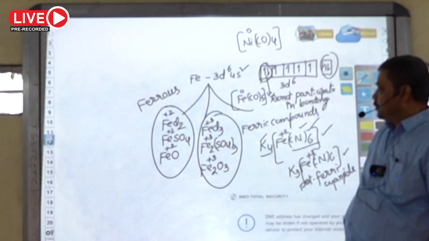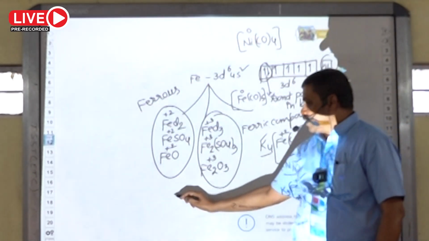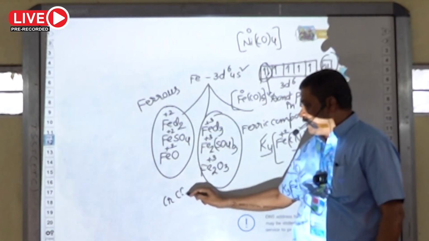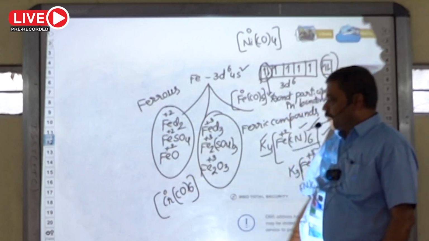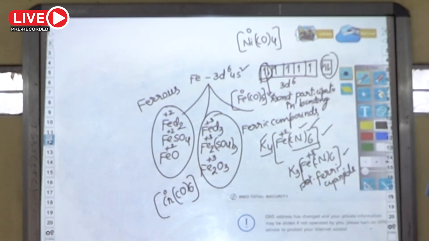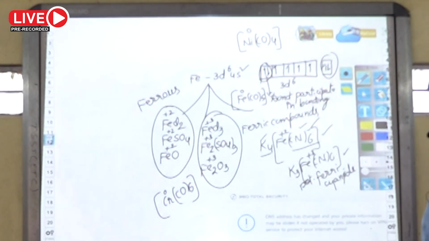Nickel is in 0. Or you can write chromium carbonyl. Chromium is 0. So what is the generalized statement? In metal carbonyls, metal is always in 0 oxidation state.